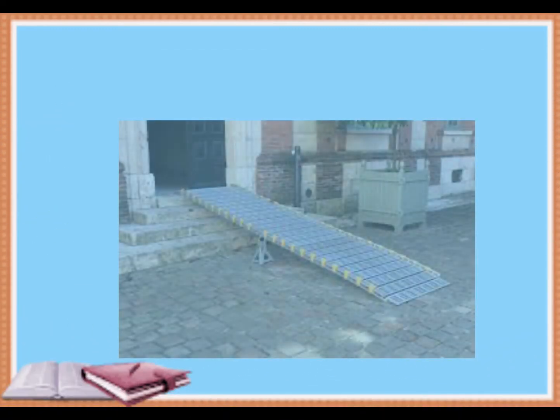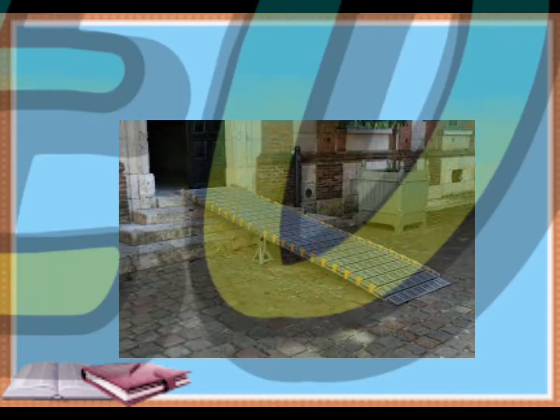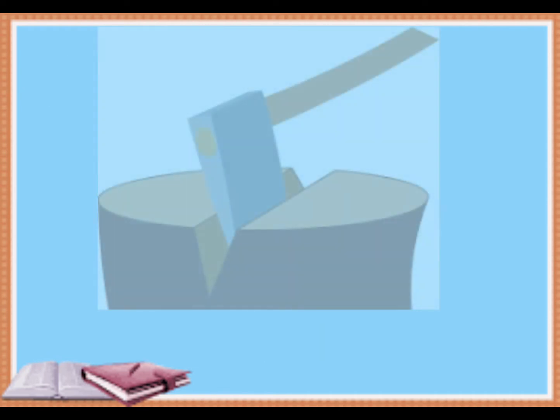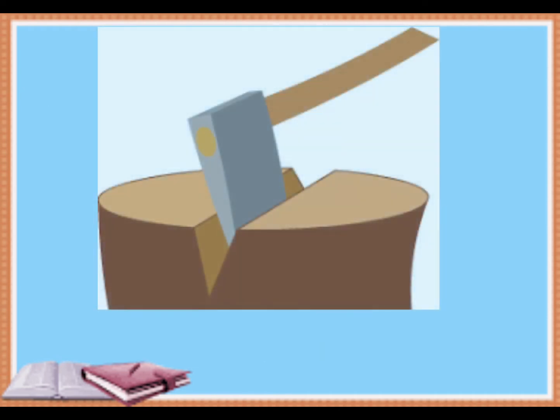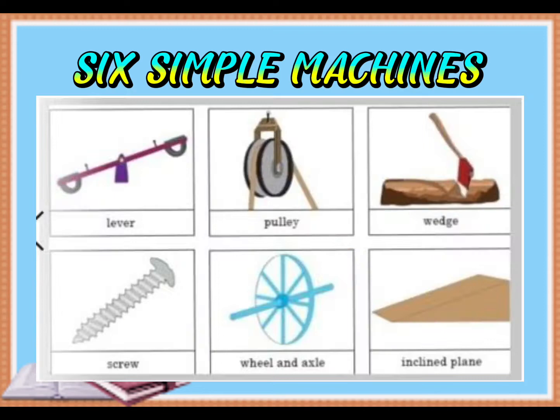Next picture is this, and this thing is called inclined plane. And the last picture is this one. Do you know what is this, class? This thing is called wedge. So the pictures that I've shown you earlier are the 6 simple machines.